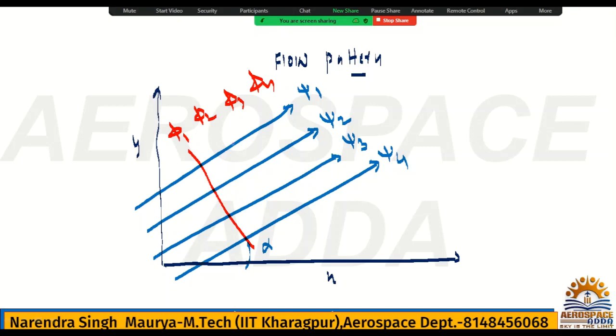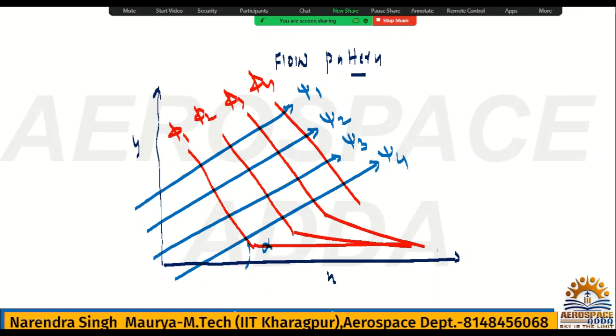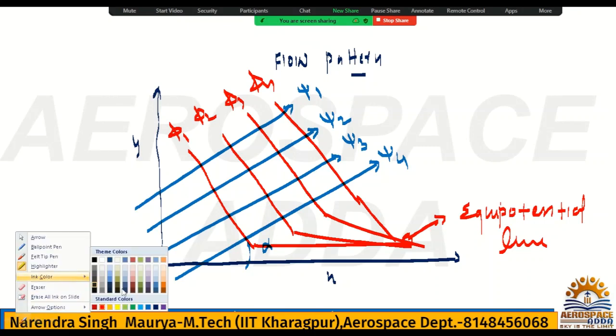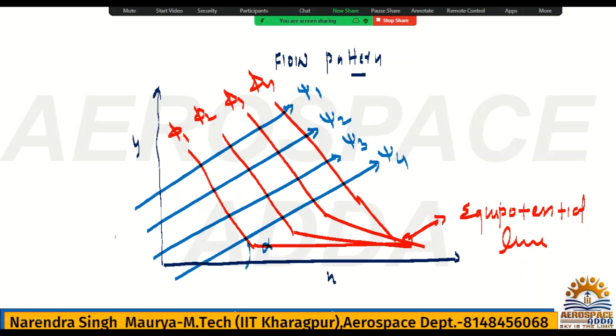Perpendicular to the streamline will be the equipotential line, and these are the streamlines.